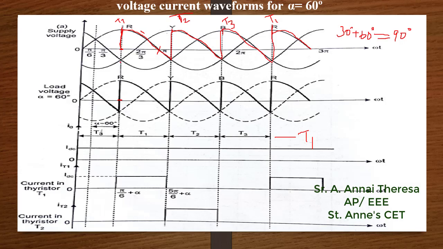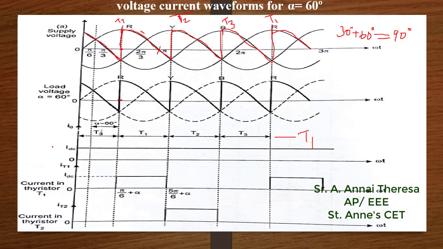The previous part also you can draw, because this T1 is preceded by T3; before T1, T3 would have conducted. Hope you understood. This is for alpha equal to 60 degree.